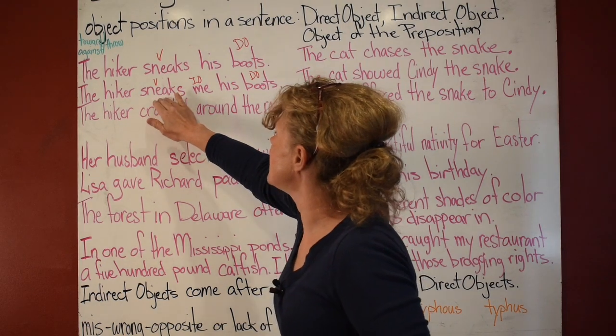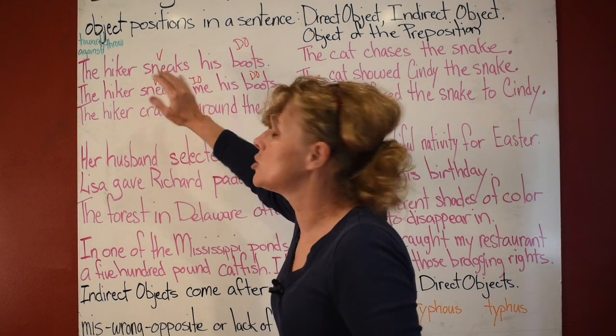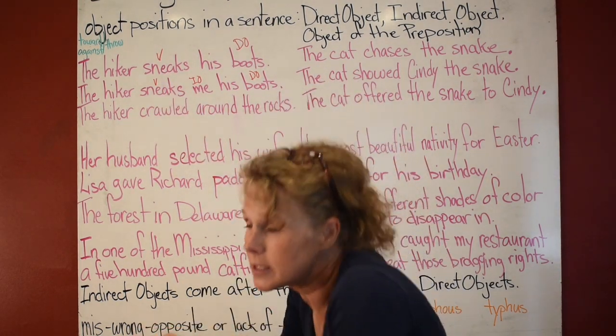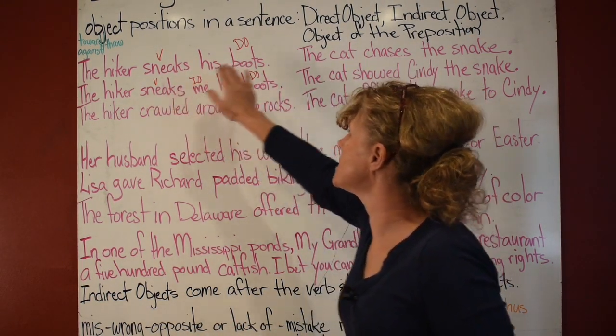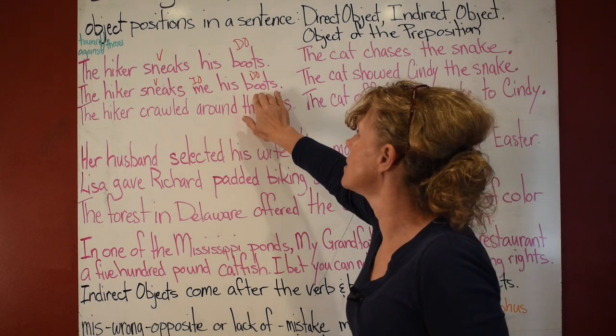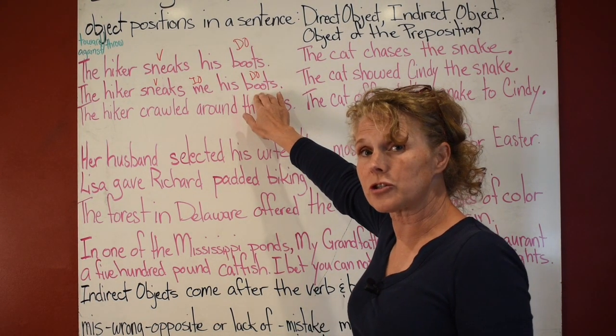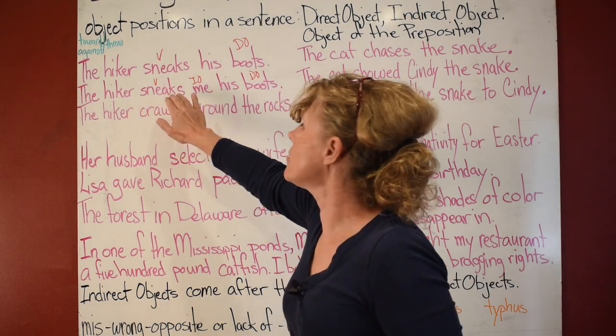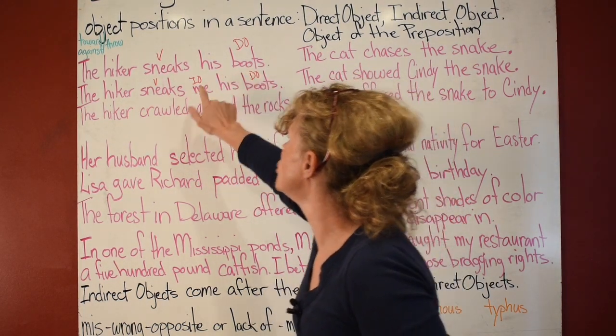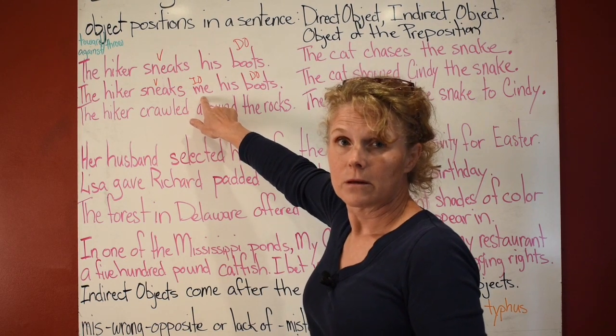The hiker sneaks. So there's your doer. It's doing something. It's sneaking, right? But then what's being snuck? The boots are being snuck. Now here is how you find your indirect object. Who is receiving the boots? So the hiker is sneaking the boots to me. All right?